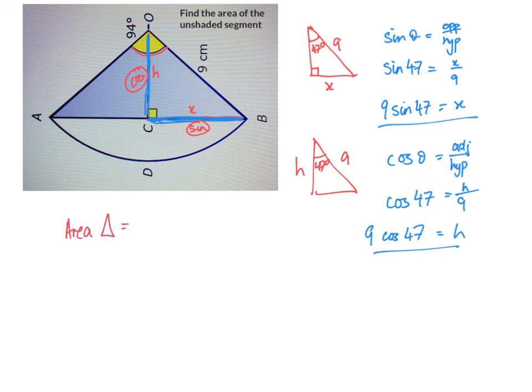Now finally, to get the area of the triangle. Area of the triangle is a half the base. Okay, and when we work that base out, 9 sine 47 is 6.58 centimeters. So it's a half the base, 6.58 centimeters, multiplied by the height. And when we work the height out, we get 9 cos 47 is 6.14.